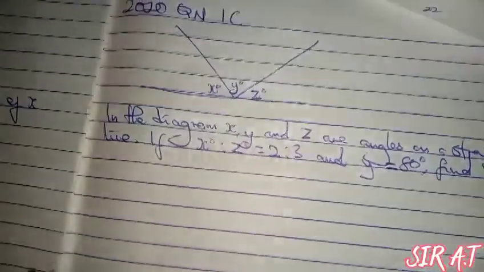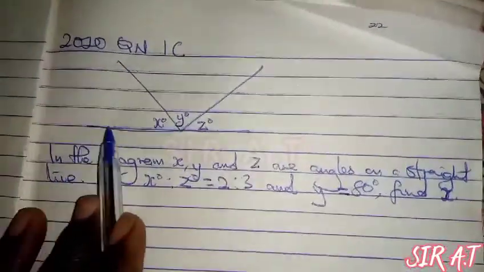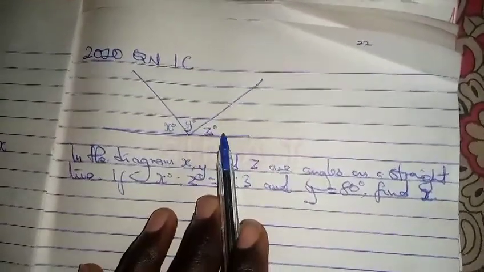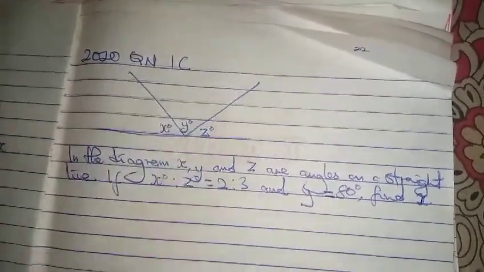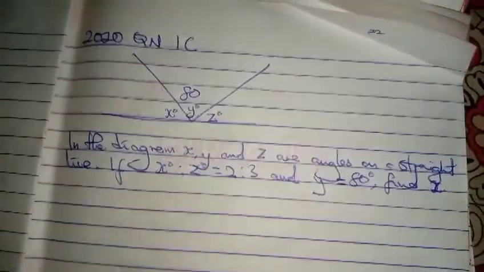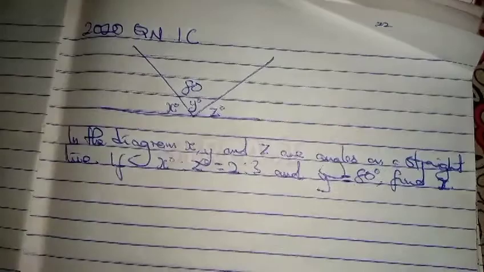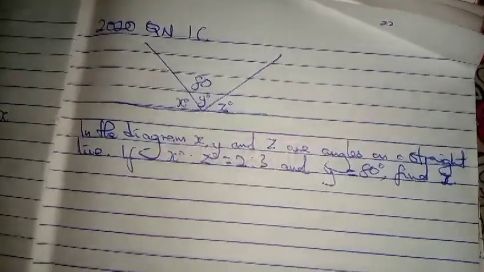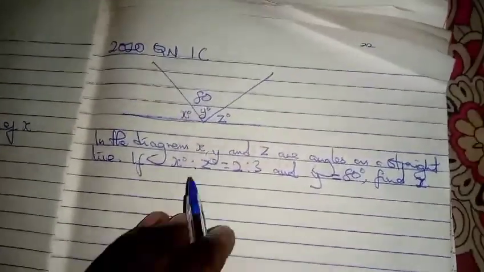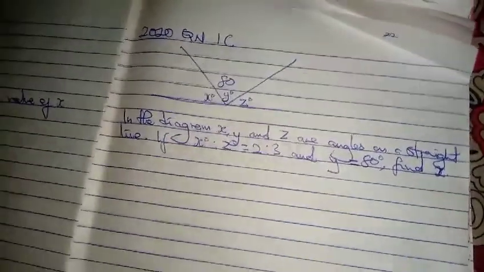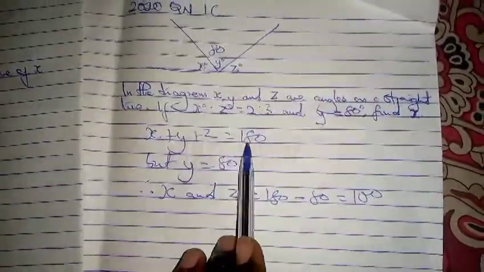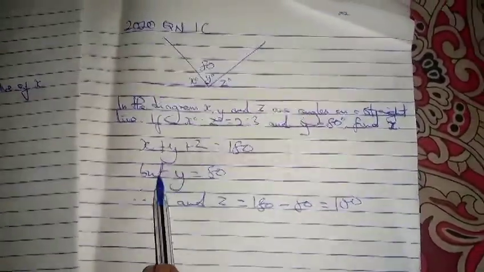What you have to keep in mind is that when you put x, y, z together, you are getting 180, and y has been given as 80, so the remaining is 100. So x plus y plus z is equal to 180, but y is equal to 80.